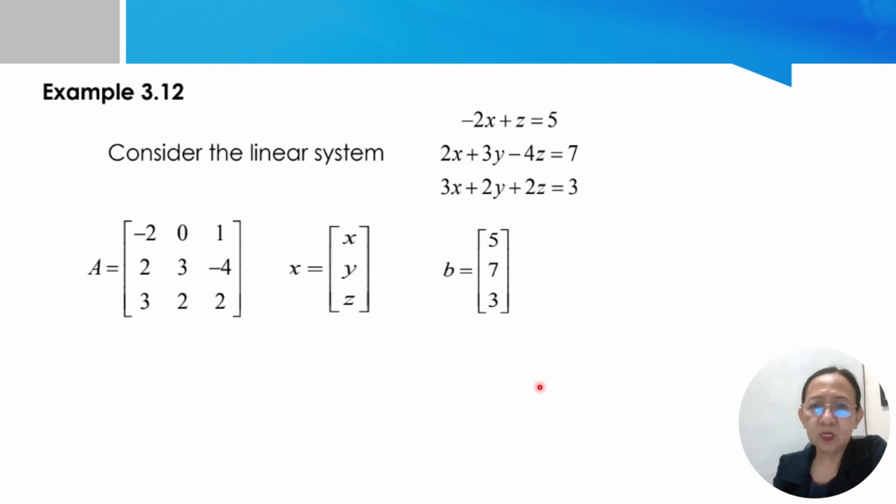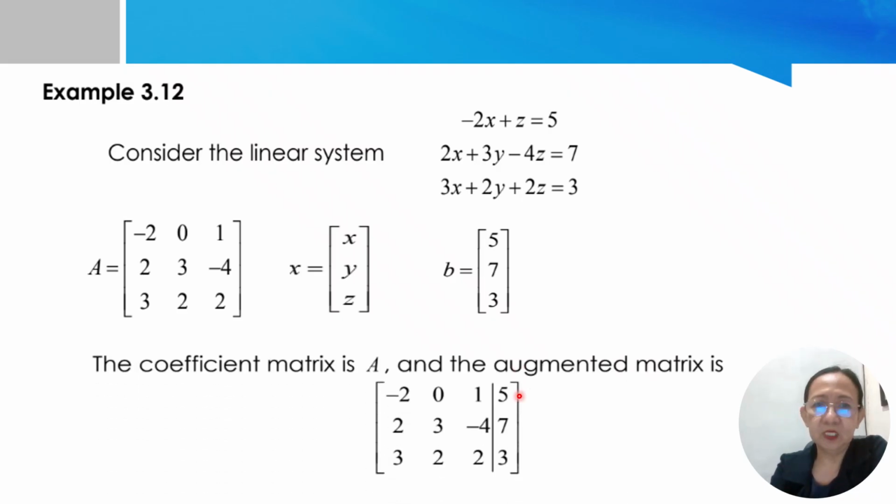So, if we are going to write, the coefficient matrix is matrix A, and if you are asked to write the augmented matrix, it is in the form of collecting all the coefficients of A, then separated by a bar, then we have 5, 7, 3 as the constants. So this is in the form of the augmented matrix. Okay?